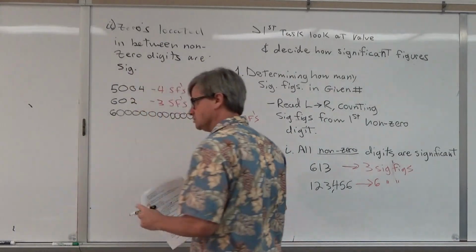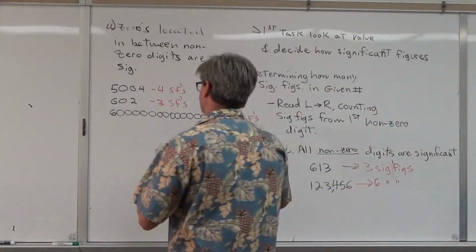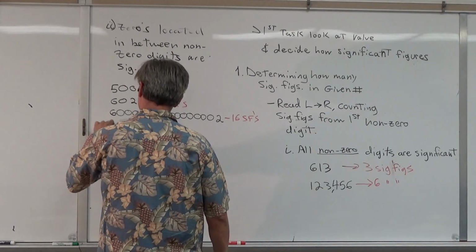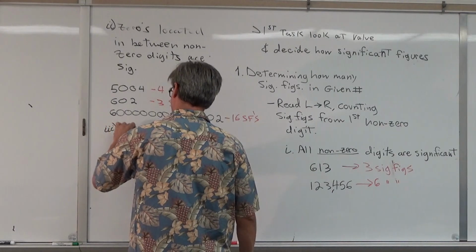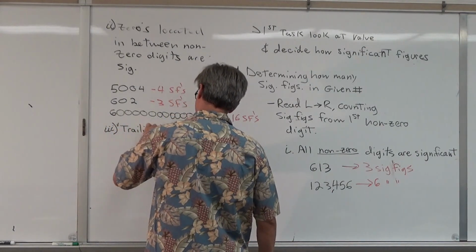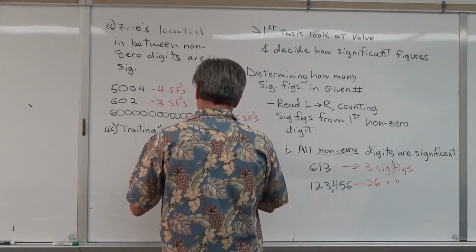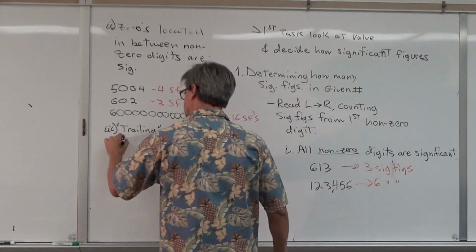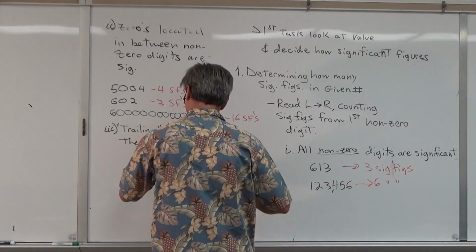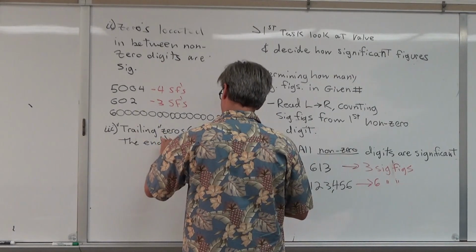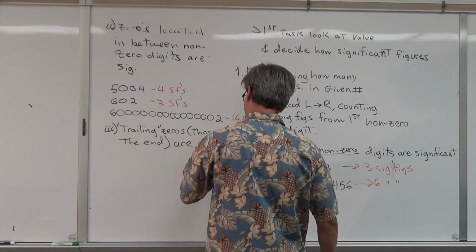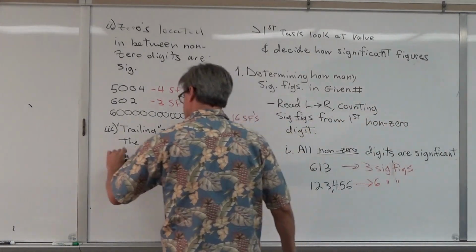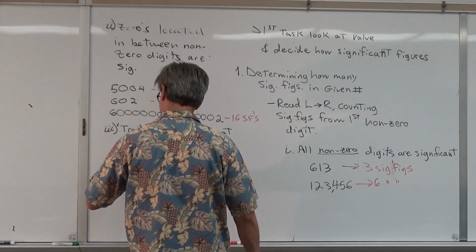Now the trailing zeros, the zeros to the right of your non-zero digits. Trailing zeros, those at the end, are significant as long as there's a decimal point included.